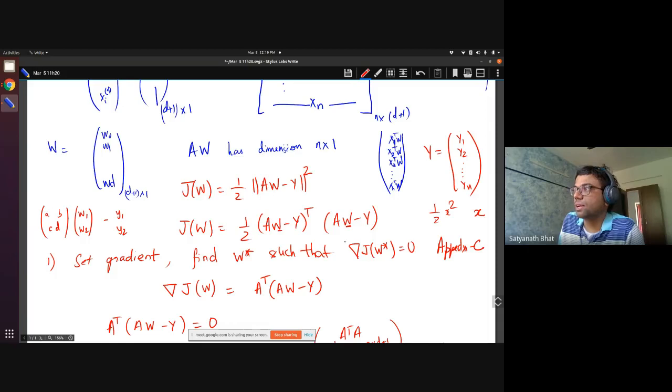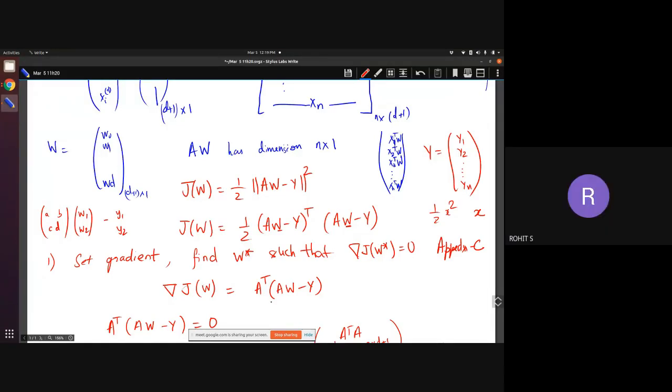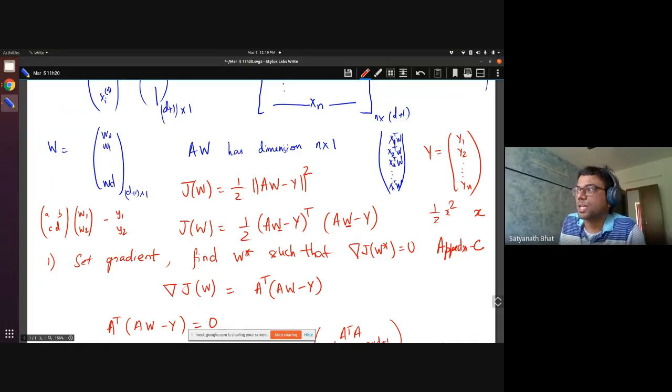If I completely work it out, you will get a single number, right? Yes. So for a single number, which is a function of both W1 and W2, you can take its gradient and write the left hand side. Then you try out A transpose AW minus Y and see what this gives. You will find that they give the same thing.